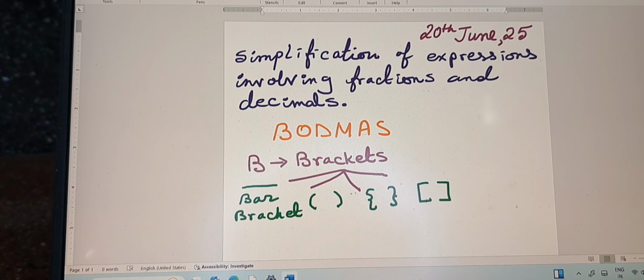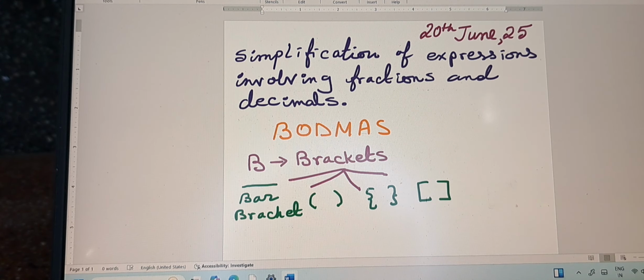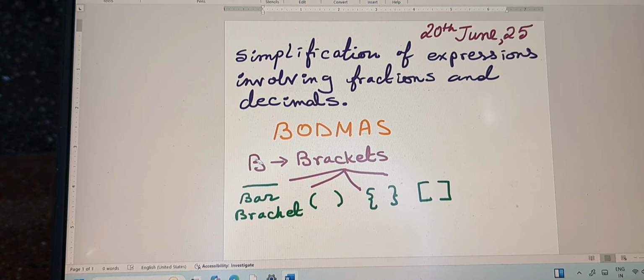Once again I am saying B stands for bracket in BODMAS rule. The first one is the bar bracket, followed by curved bracket, then number 3 is curly bracket, and number 4 square bracket. Now O stands for of.